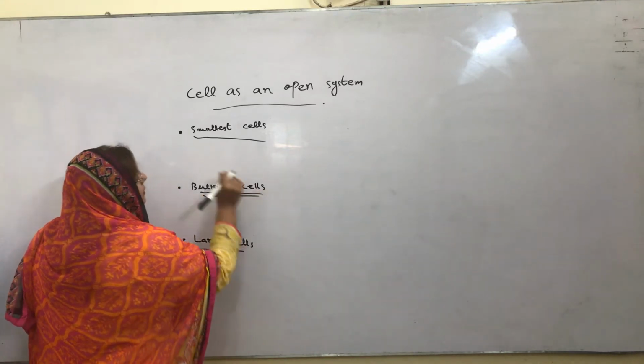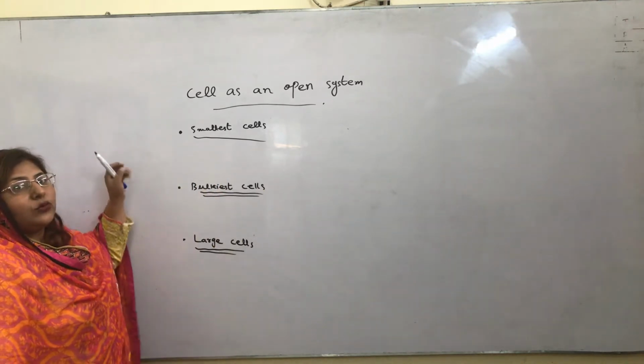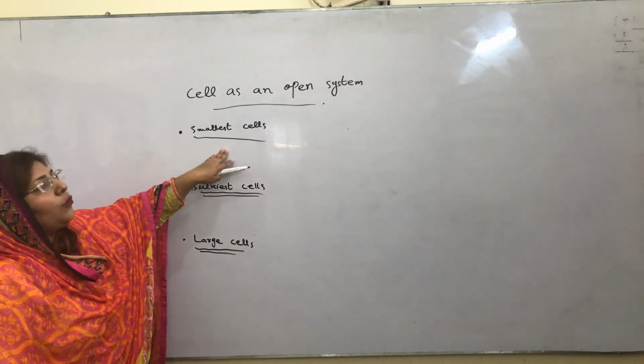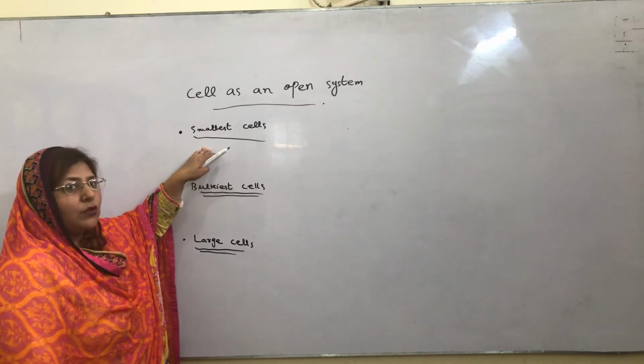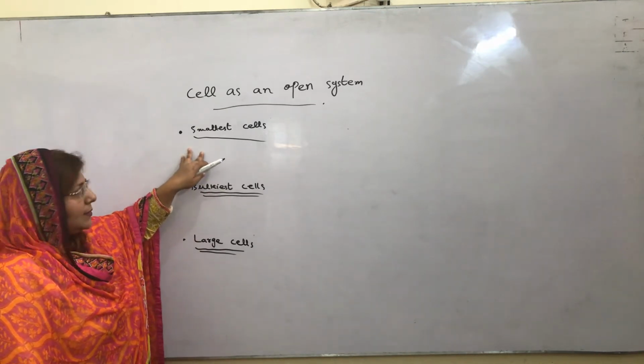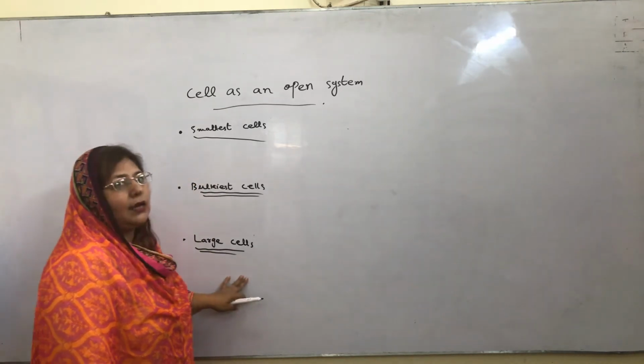So if we see the cells according to their size and volume ratio, we have three types of cells in our body: smaller cells, bulkier cells, and large cells.